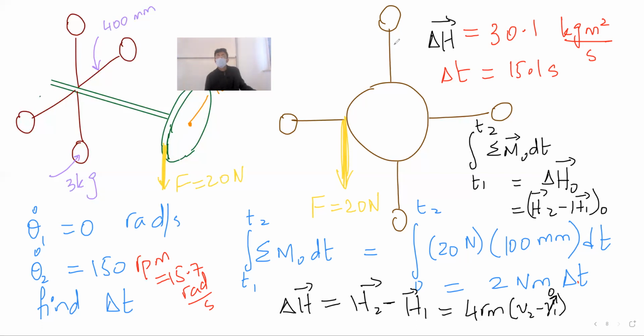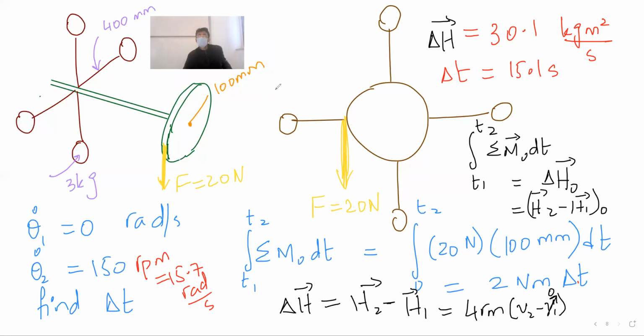We will see next time why didn't we include this mass. So on this side, this angle is 90 degree. This is our V2.